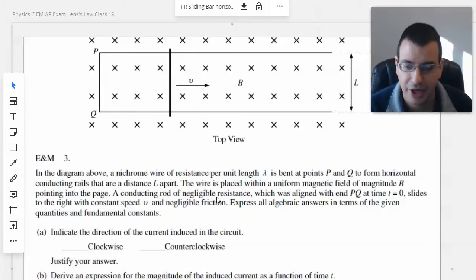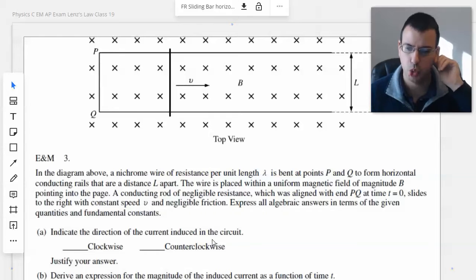A conducting rod of negligible resistance, which was aligned with ends P and Q, at time t equals 0, slides to the right at constant speed V, with negligible friction. Express all algebraic answers in terms of the given quantities and fundamental constants. Indicate the direction of current induced in the circuit.